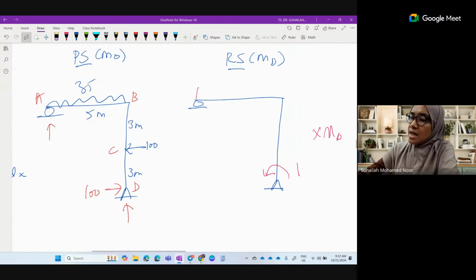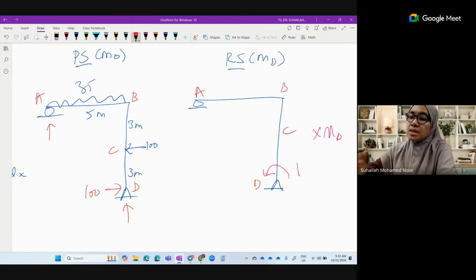So yang ni juga A, B, C and D. So for both diagram kita kena kira reaction. Boleh tak 5 minit kira reaction tu? Okay, 5 minit kira reaction for primary structure AY and DY and then AY and DY for redundant structure.